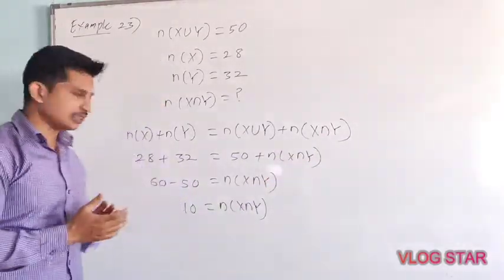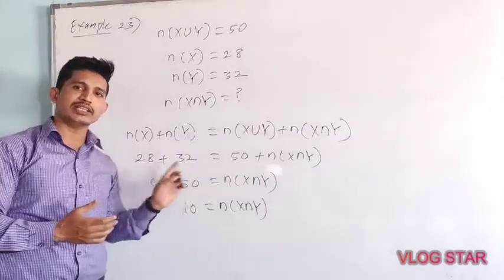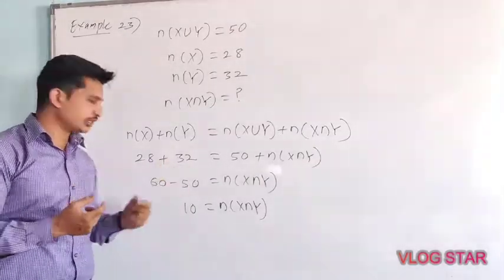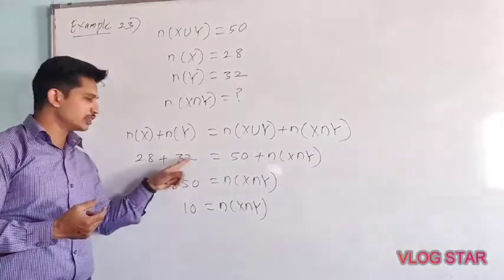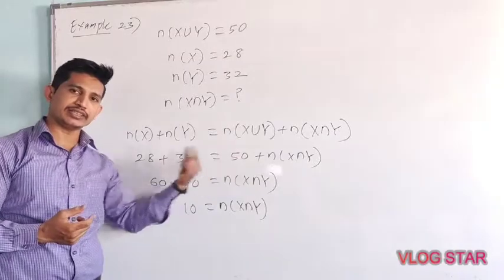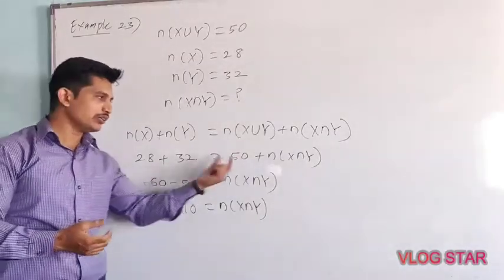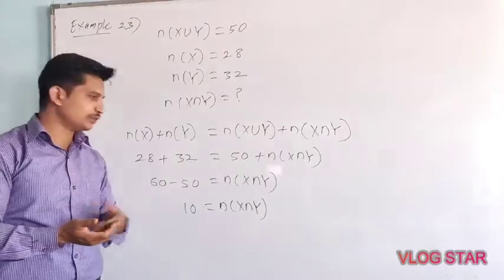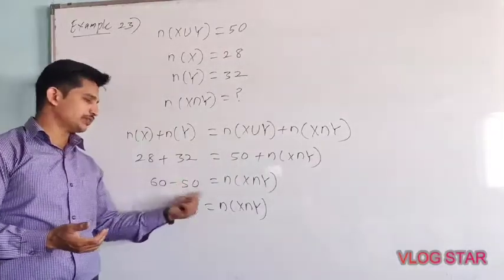Now 28 plus 32, if you add that, the answer is 60. And this plus 50, by transferring to this side, whenever we transfer a plus to this side, it will become minus. Therefore plus 50 will become minus 50.